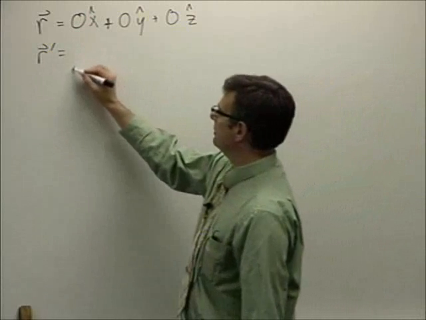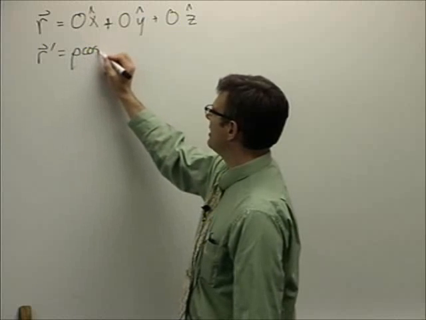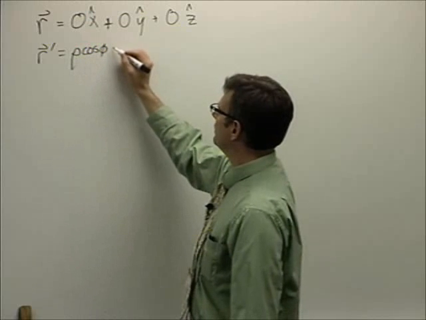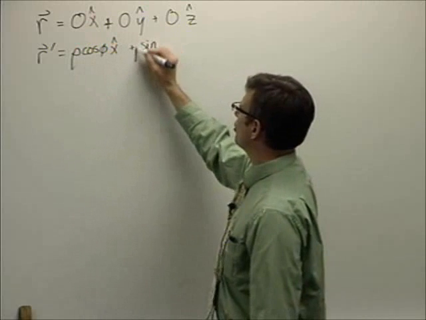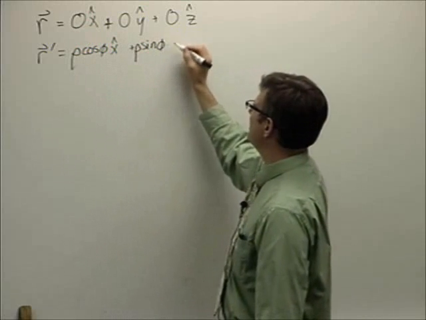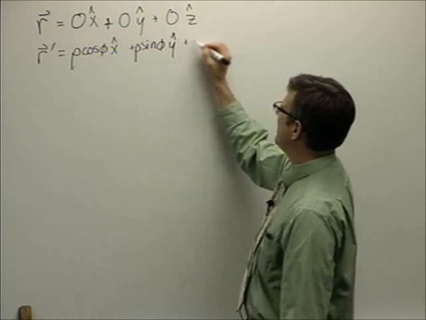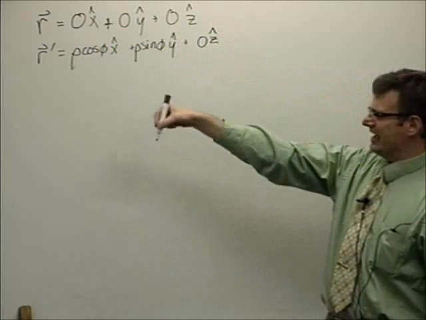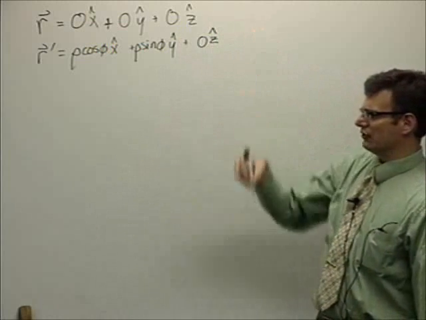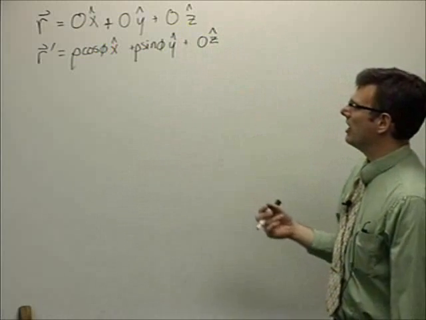Remember that rho times cosine of phi prime, stick it on the x hat, plus rho sine of phi prime, stick it on the y hat. And this is going to be 0 z hat, because that ring is in the xy plane. You're never increasing or decreasing in z. And this will describe my loop.